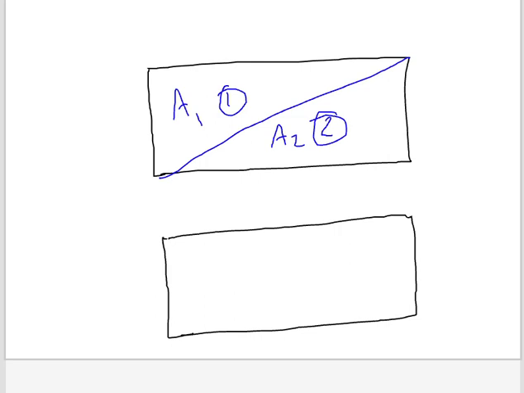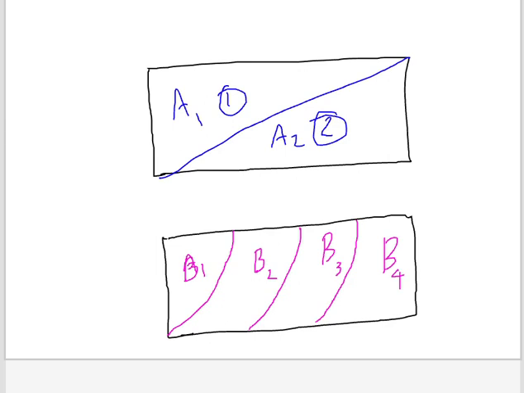Or here I give this partition: you see this is A1, B1, B2, B3, B4. They are disjoint and their union is the rectangle.